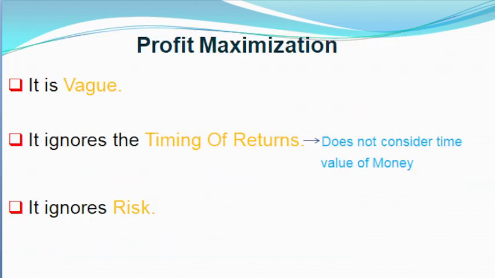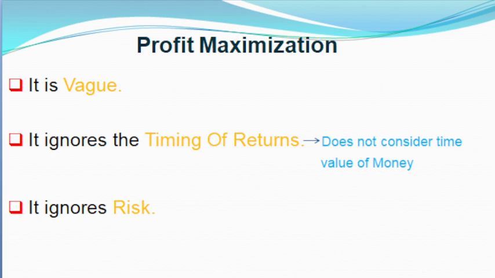So as I have told you beforehand, there will be three disadvantages, or three limitations, of profit maximization. Number one, it is vague. Just look at the word vague.